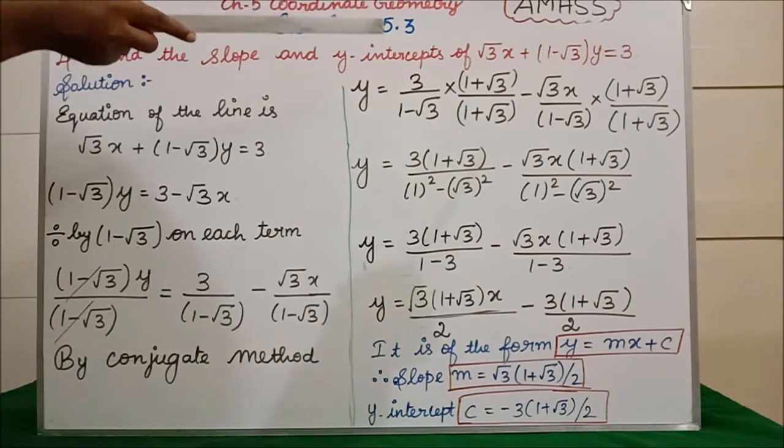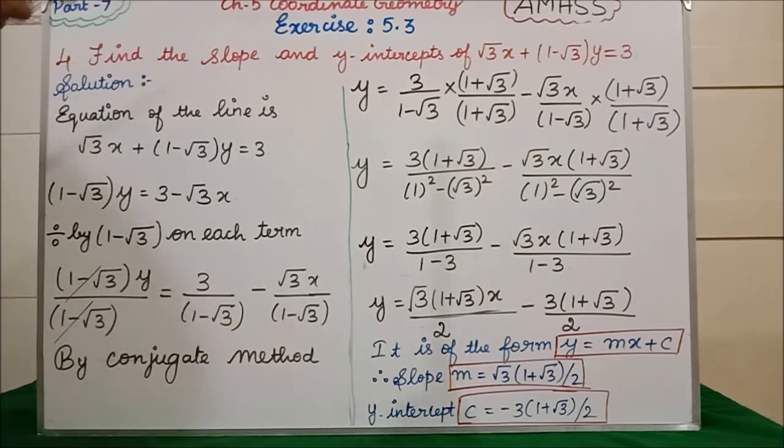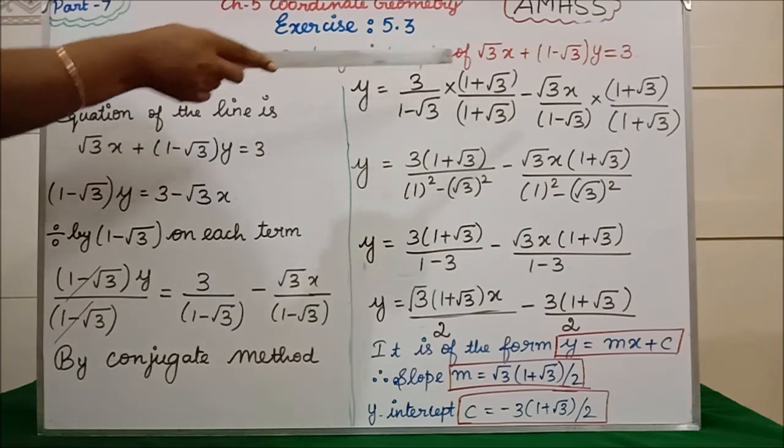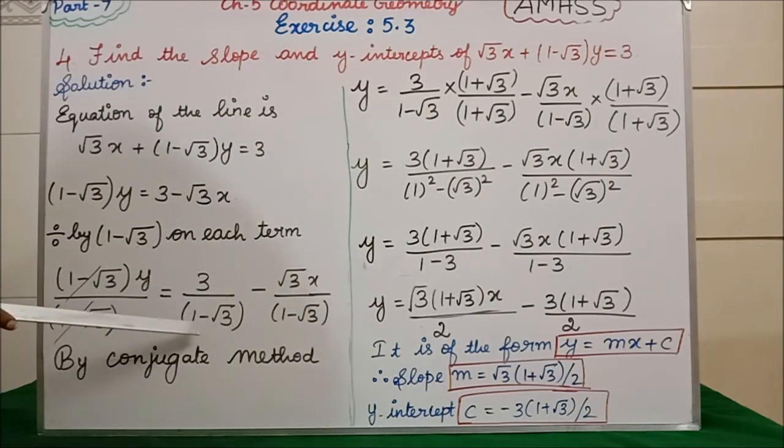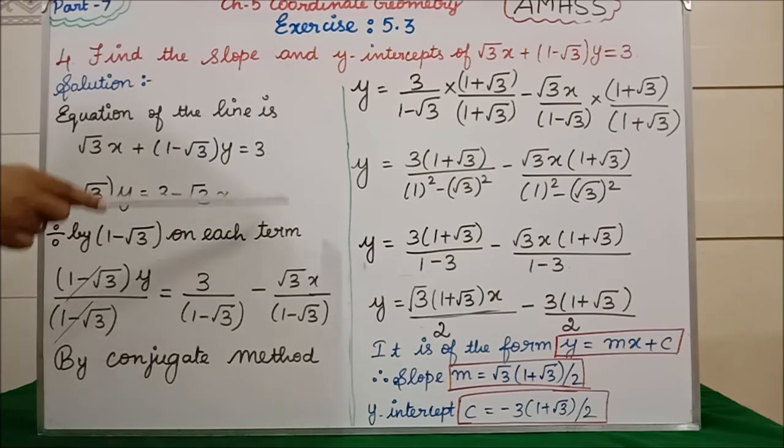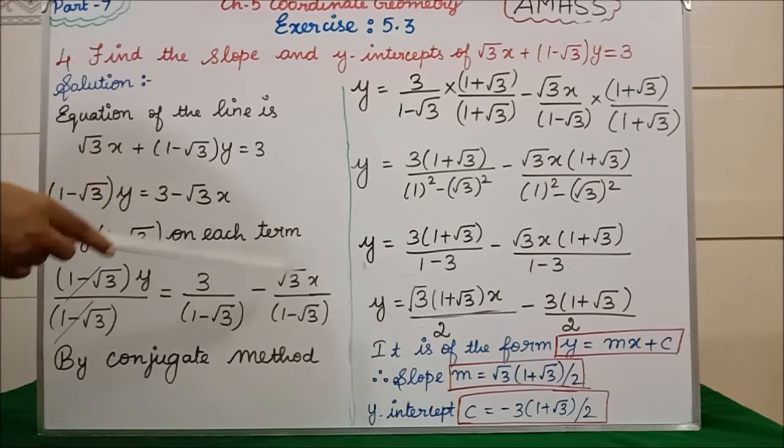Minus means we use plus. Suppose here it is plus, we will multiply with minus. Here we have minus, so we multiply with plus, both numerator and denominator. 3 divided by 1 minus root 3, into 1 plus root 3 by 1 plus root 3. The same number you multiply and divide. That is the conjugate. Clear?